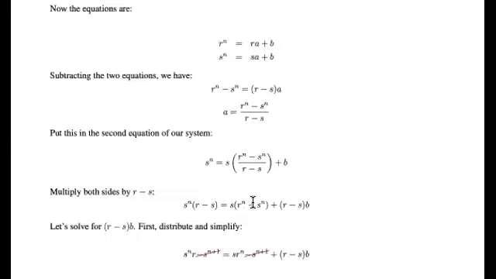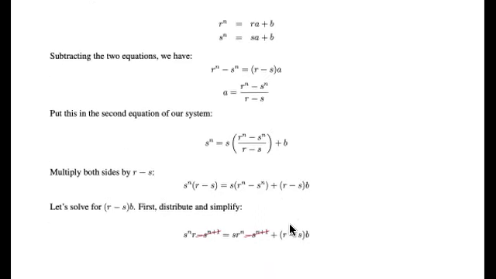So A is equal to that, R to the n minus S to the n, over R minus S. And putting this into the second equation, solving for B, S to the n is equal to A times S plus B.